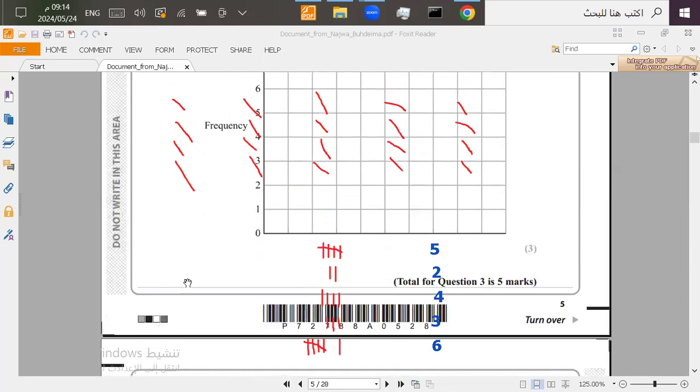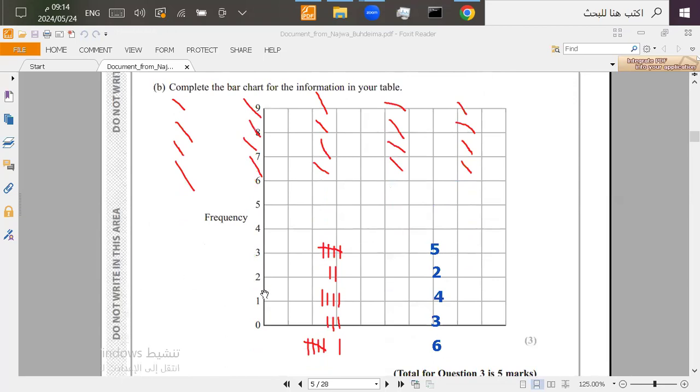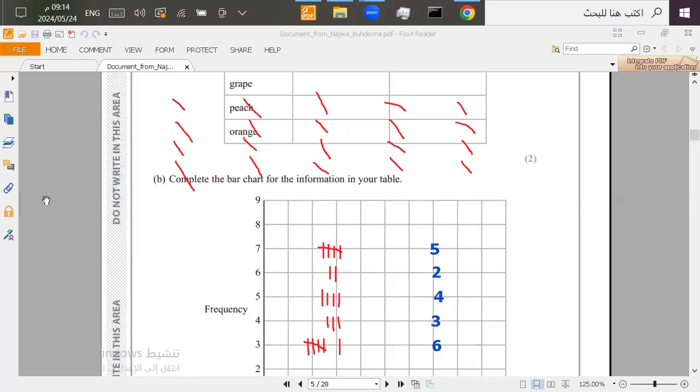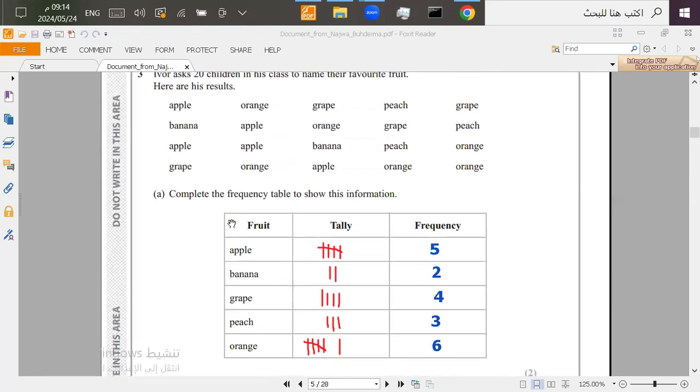So here, these are the frequencies. So you're gonna write the data down, and then you're gonna use these numbers to put them here, okay? So first, let's erase the ones on top here. We're gonna use the data in the bottom. Let's remove the tally, and we'll use the numbers that we wrote, okay? So these are the apples.